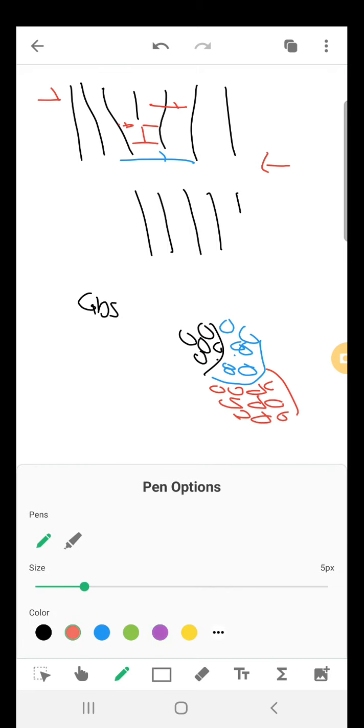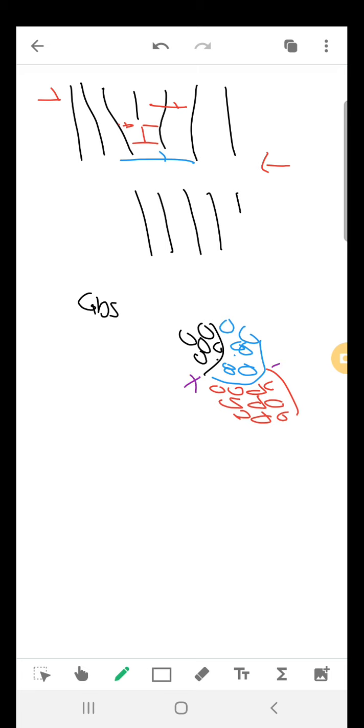These areas are the grain boundaries, which are the interface between two atomic orientations. These grain boundaries are also defects, and they are known as surface defects.